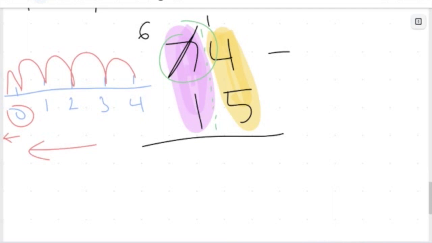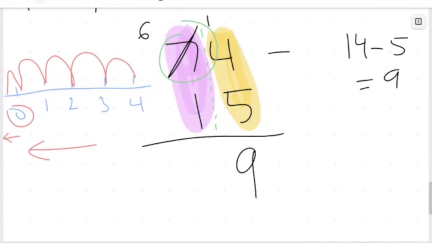We don't really know how to do that. But if we borrow a 10 from my column on the left, I can make 14 minus 5, which is a far easier thing to do. Now, if I do this, I get 14 minus 5, I get 9 here.